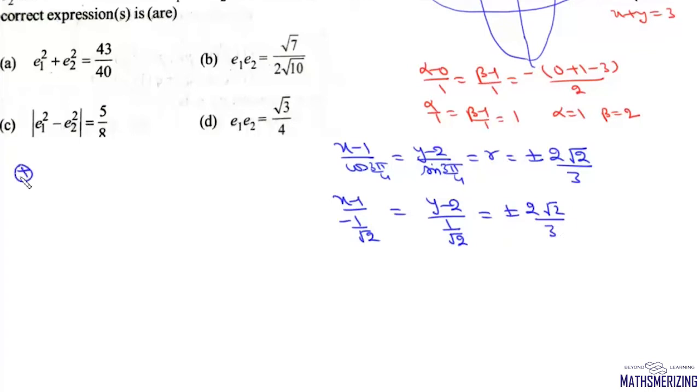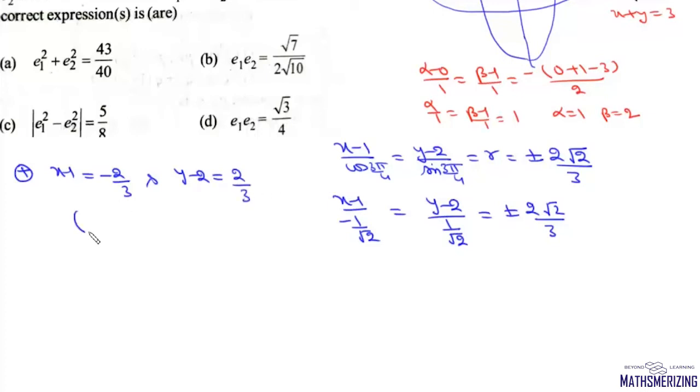Now we'll take the plus sign, then we'll get x minus 1 equals minus 2 by 3 and y minus 2 is equal to plus 2 by 3.